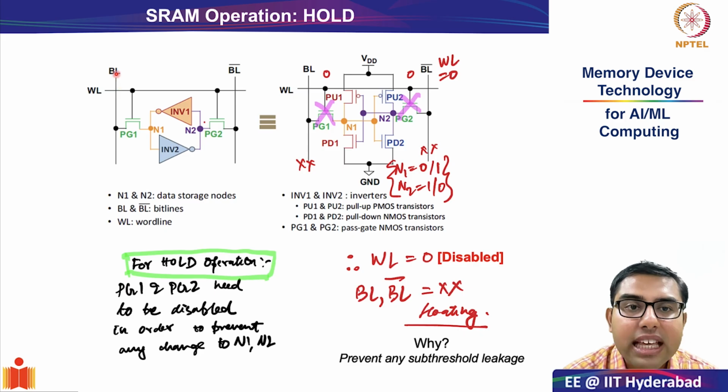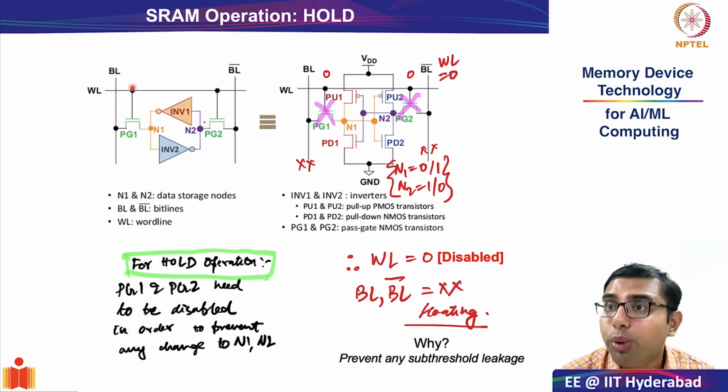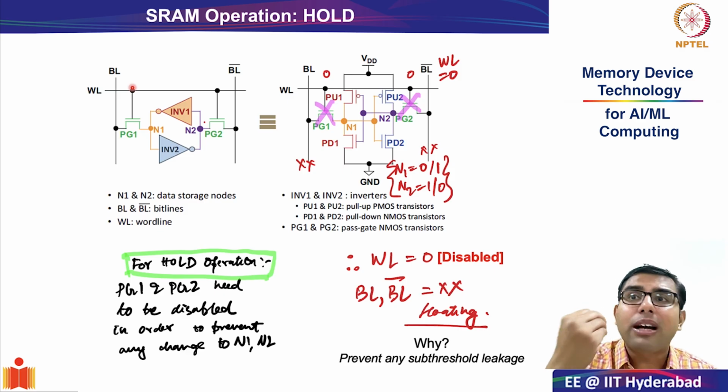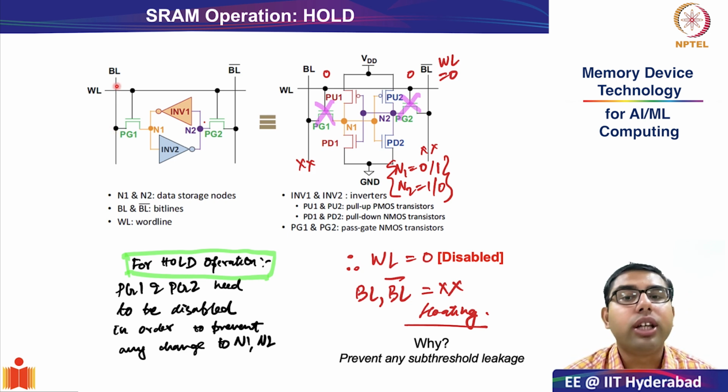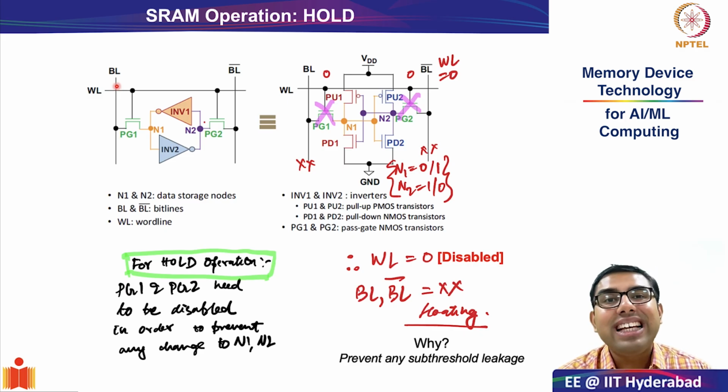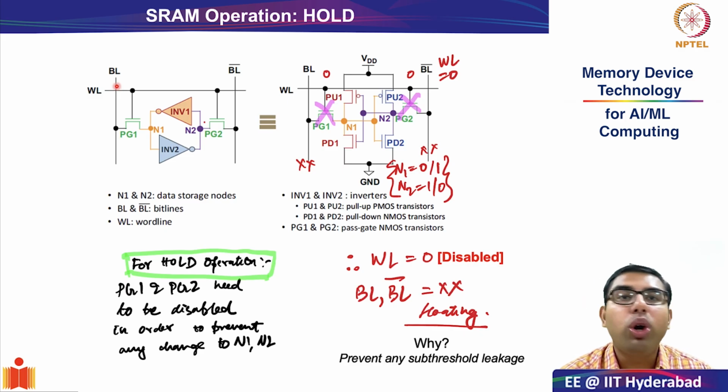Now, if you keep bitline and bitline bar to some fixed value, there will be a leakage current which will flow through this, right? And that is what you want to prevent. So what you do is you just keep them floating. So the reason for having bitline and bitline bar floating is to prevent subthreshold leakage or off-state leakage during hold operation, right?